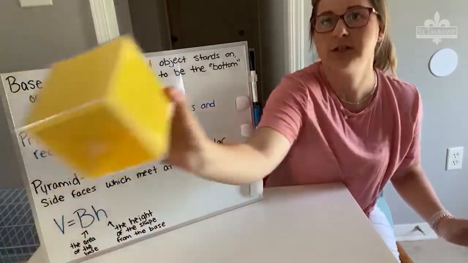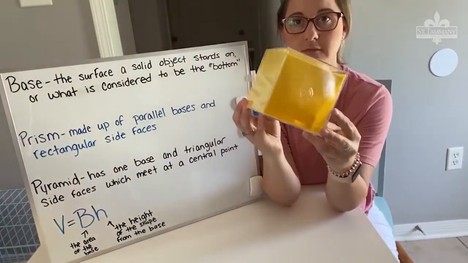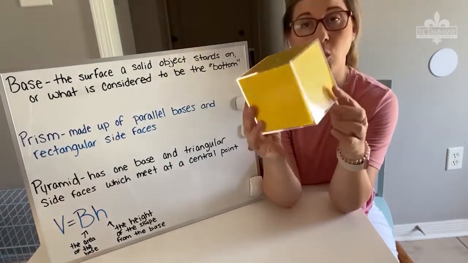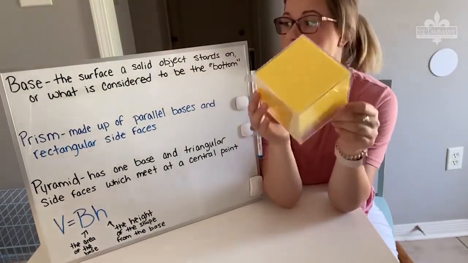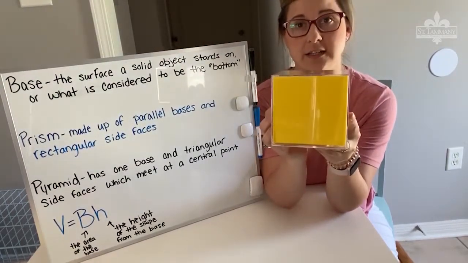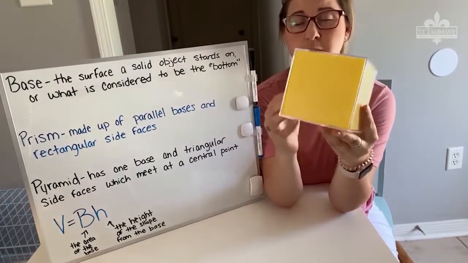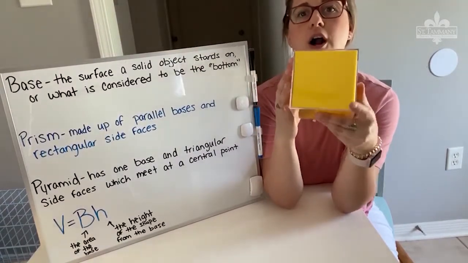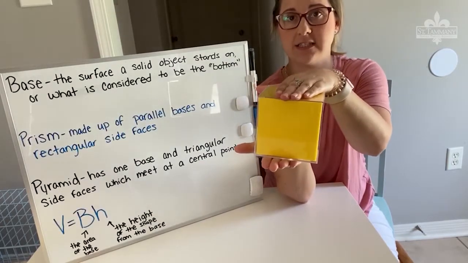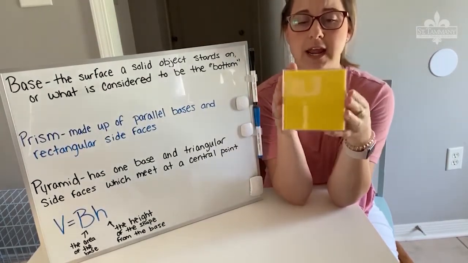So then, if we were to look at this shape, do you think it is a prism or a pyramid? If you said prism, you are correct. We technically call this shape a cube because all of the sides are squares, but it still has parallel bases. And remember, we're focusing on a base.